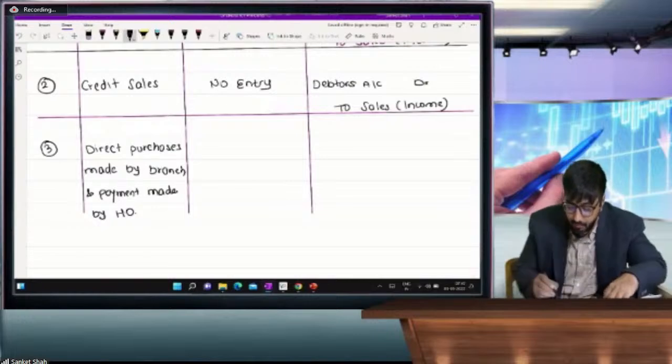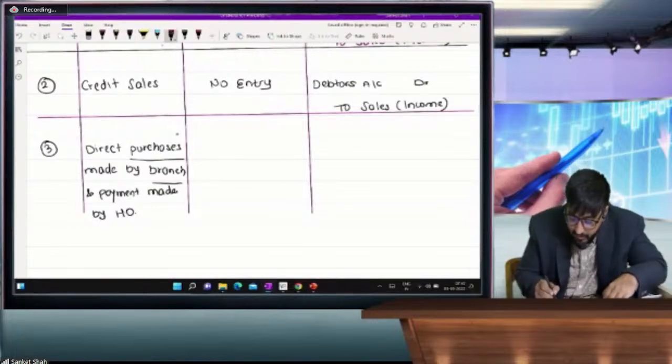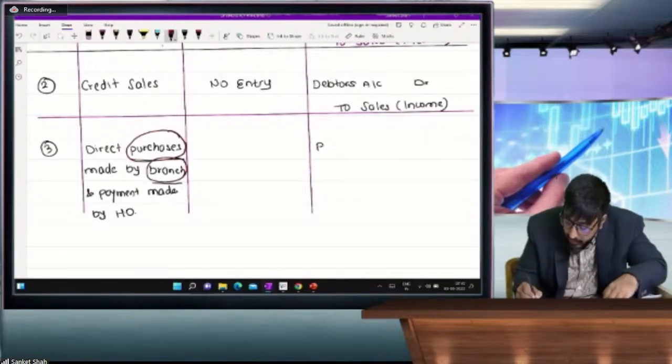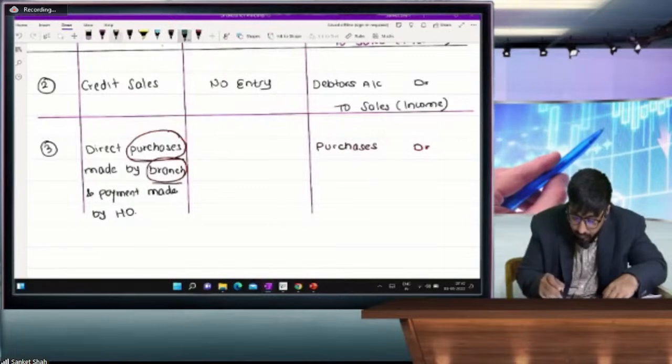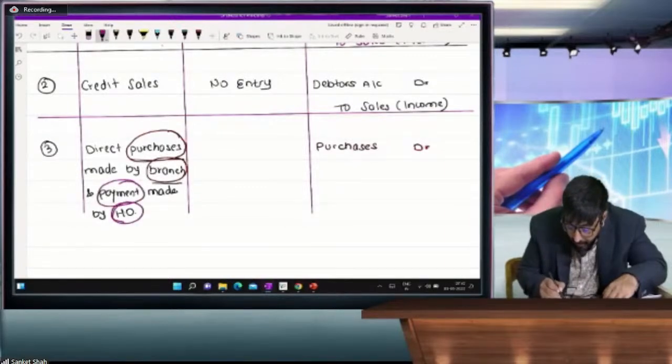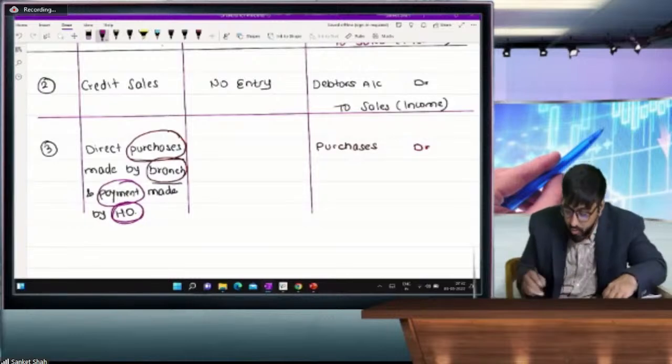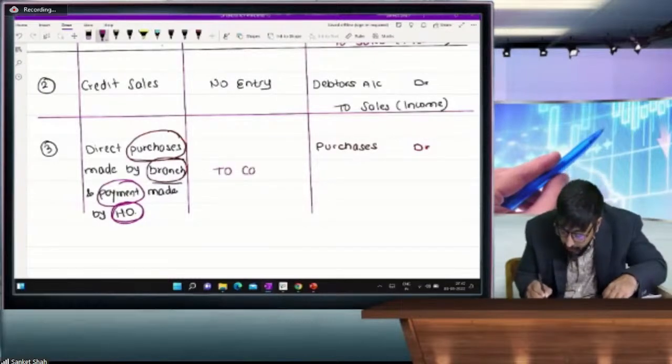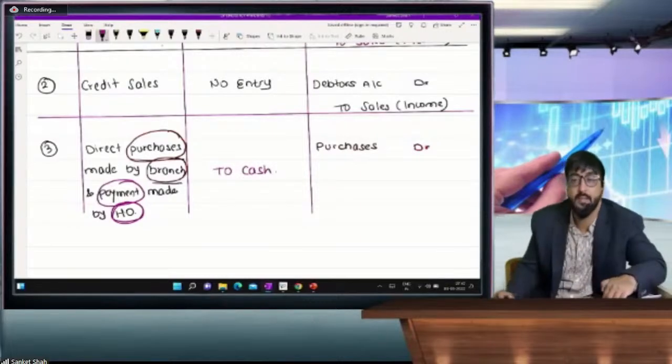So see, who is purchasing goods? Branch. Who is purchasing? Purchases by branch. So who will record purchases? Branch will record purchases. And who is making payment? Payment by head office. So who is going to record cash? Head office. Remember, in head office books, head office account will not be there.